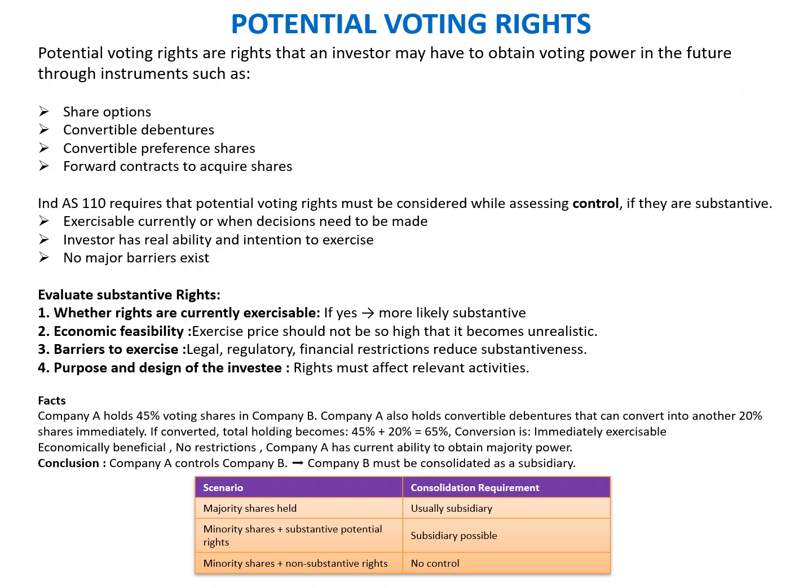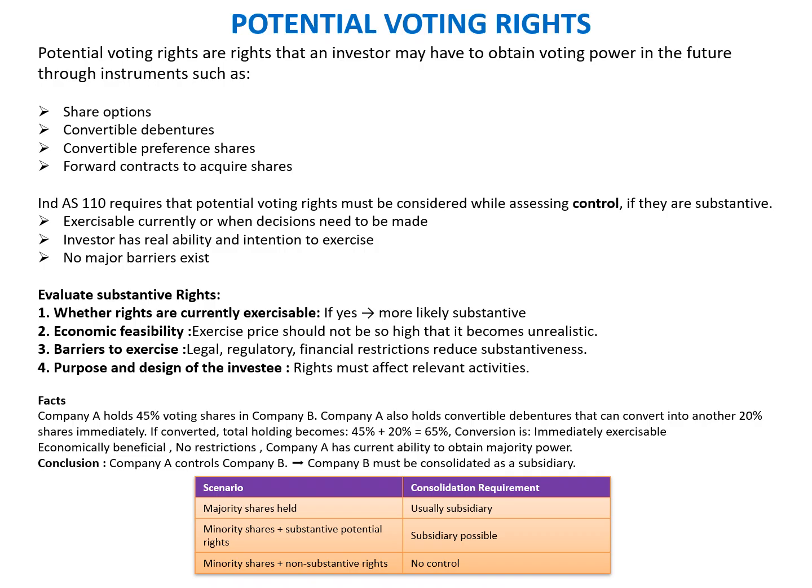Okay, now we are going to talk about another important concept with respect to Ind AS 110, which is potential voting rights. Which means that the entity holds a convertible debenture in the investee company, or it has convertible debt which can be converted into equity as per the agreement. In all those cases, these give a kind of potential voting right to the investor.